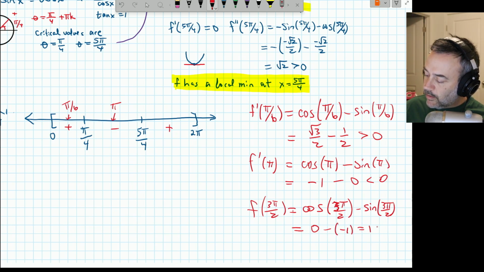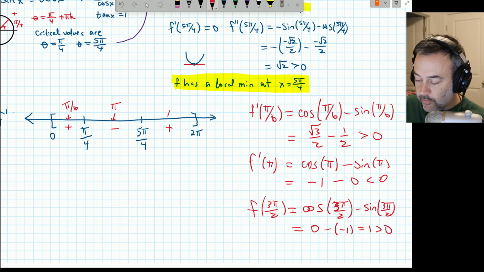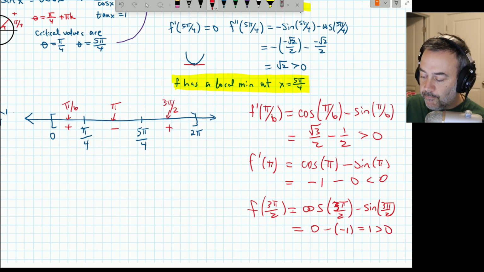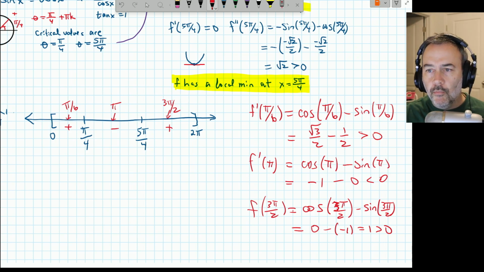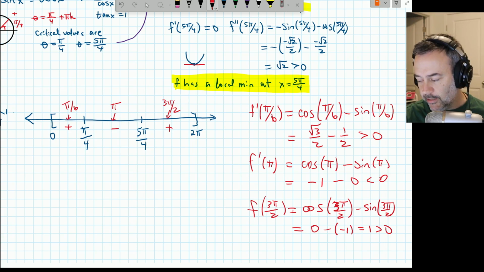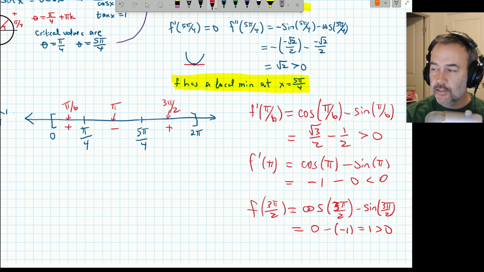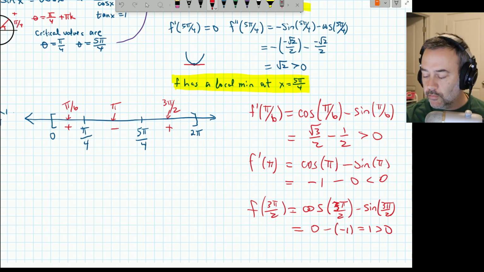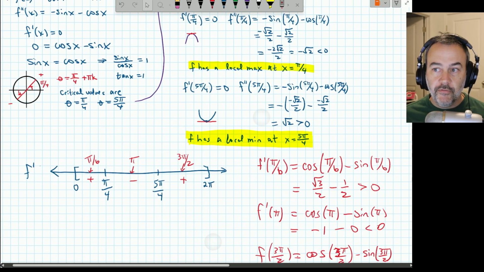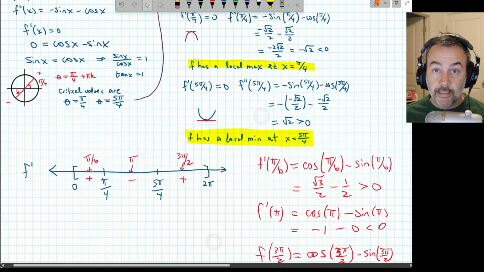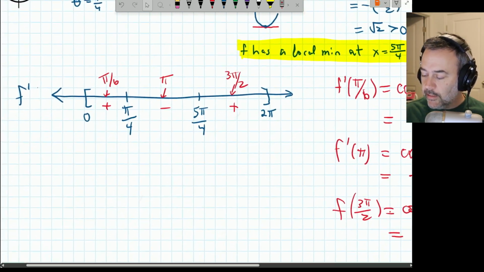That is 1, which is positive. So do you see how much more work the sign analysis of a trig function is? You got to plug in numbers. There's ways you could shortcut this, but I want to avoid some shortcuts at the moment. The second derivative test was actually faster for finding the local min and max because I didn't even need to do this sign analysis.